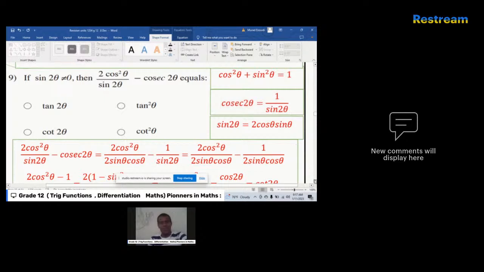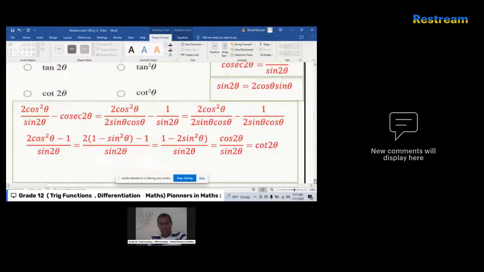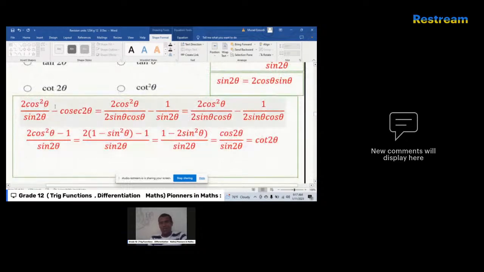Now, learners, I will start with 2 cosine square divided by sine 2θ minus cosec 2θ. I will write it as 2 cosine square divided by sine 2θ minus 1 over sine 2θ, to train you how to work with double angle and sine, cosine or tangent. Why?